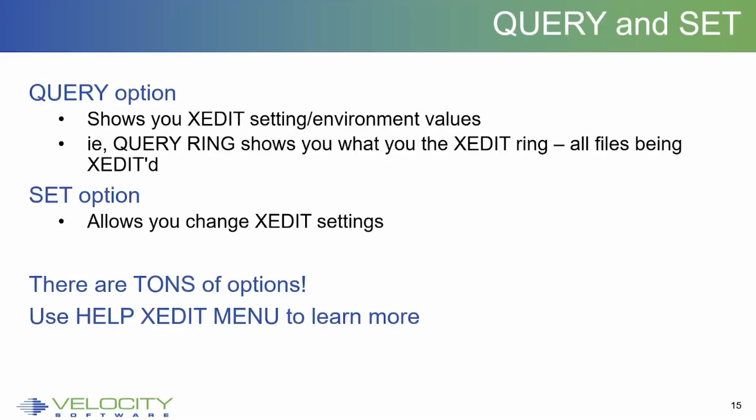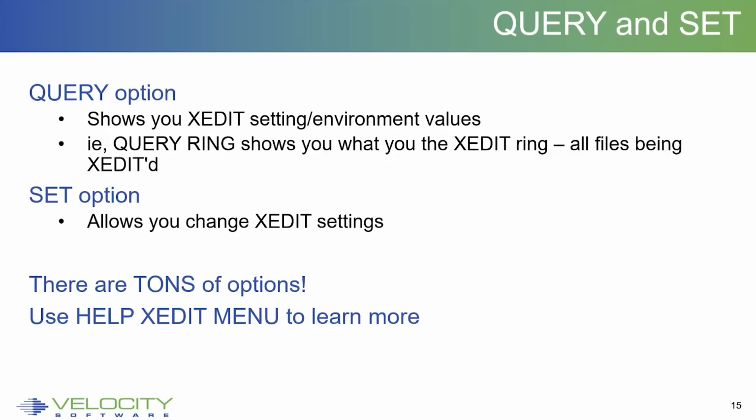The XEdit environment itself has a lot of query options. It shows you specific settings for the environment option that you're querying. For example, query ring, that shows you what the XEdit ring currently has. And then with that, you also have set, the XEdit set command.